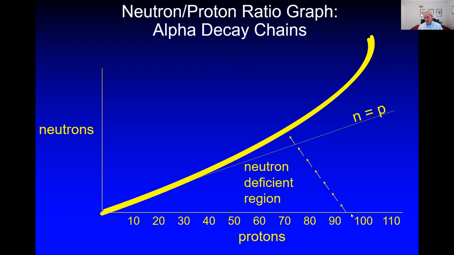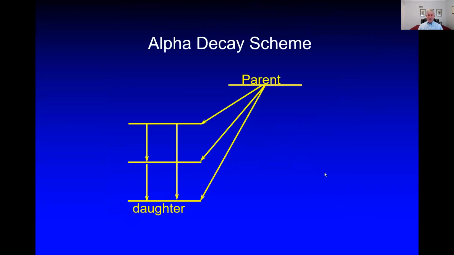The parent decays to the daughter, which decays to the granddaughter, which decays to the great-granddaughter, to the great-great-granddaughter, and so on, until ultimately it reaches this stable area, and it's usually the element lead or sometimes bismuth, but most often lead. So this is down in the neutron deficient region, and you can see that the NP ratio is just going up slightly with every single transition. Every one of these is about a 1% increase.